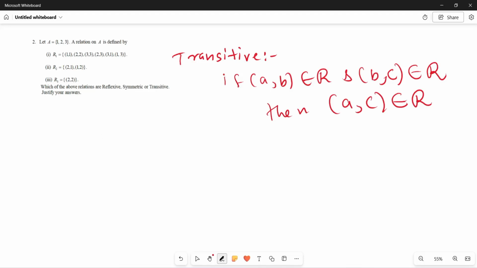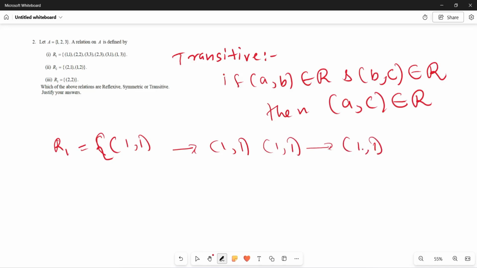So if we consider this R1 relationship, you can say (1, 1). It is transitive because (1, 1), (1, 1): the ending is 1, so the next ending is also 1, and the other part is also (1, 1).